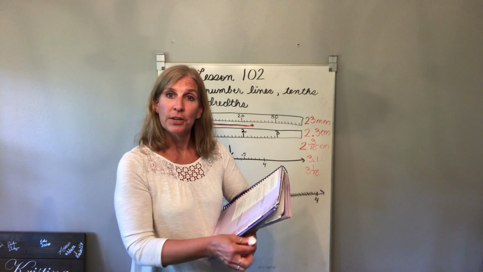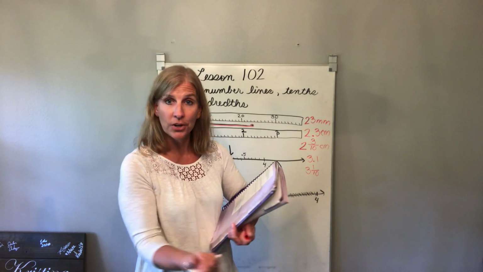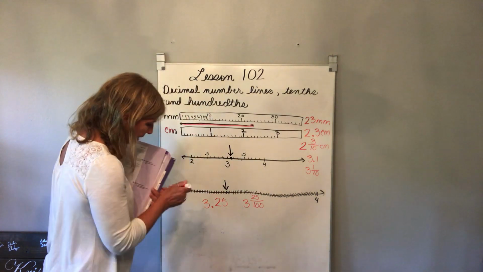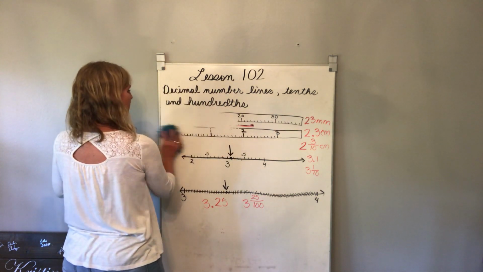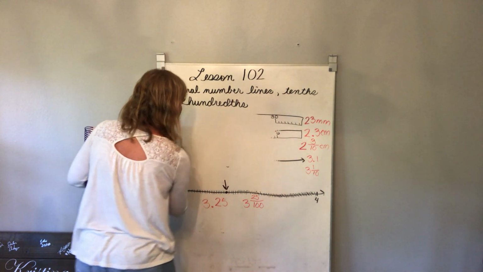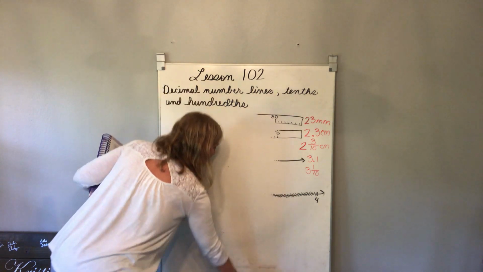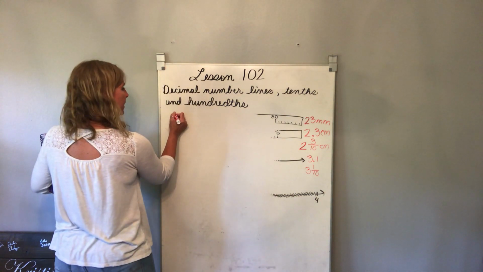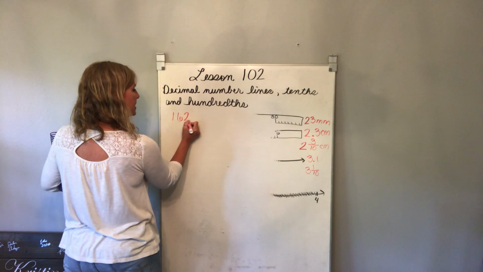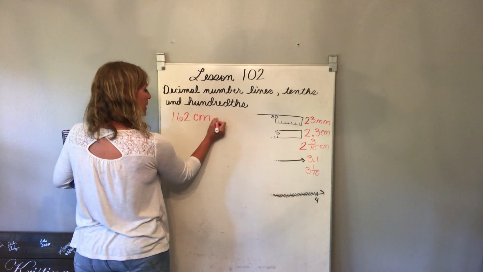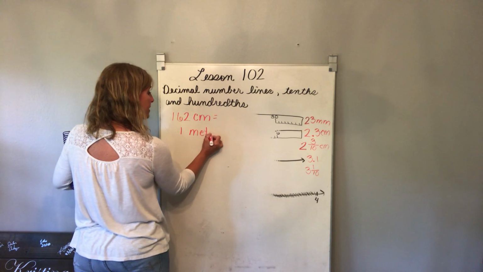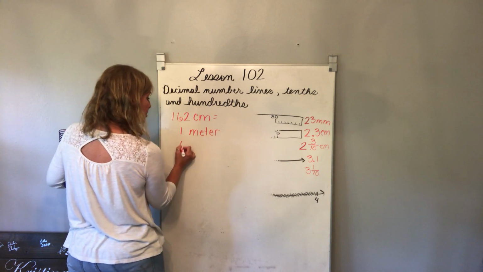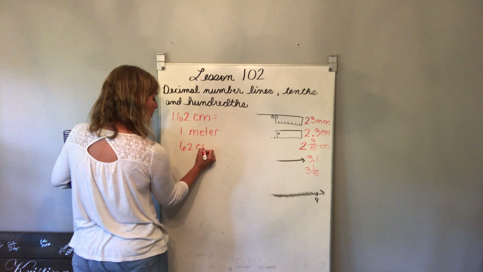Remembering that a centimeter is 100th of a meter, we now know, let's see, I think I'm going to need to erase this to give us a little bit more space up here. So 162 centimeters is equal to 1 meter plus 62 centimeters.